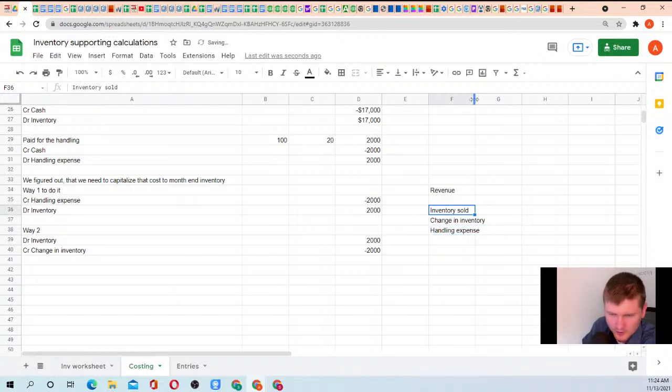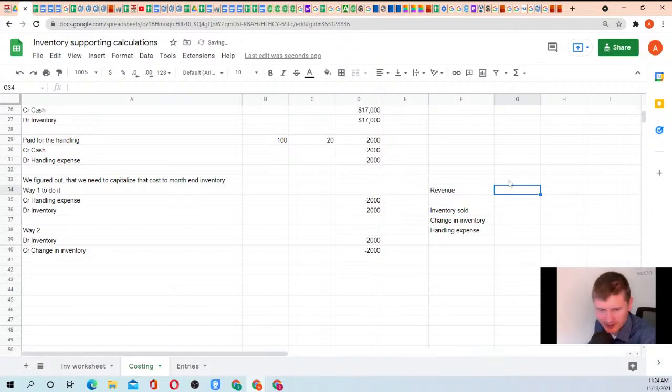For revenues, we have 0 so far, and let's call it way 1 and way 2. So far we have zeros. In way 1, we will have no change in inventory and no handling expense. So everything sits in inventory.